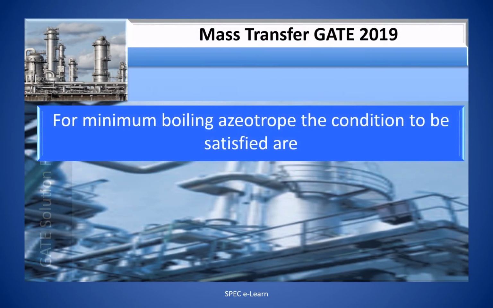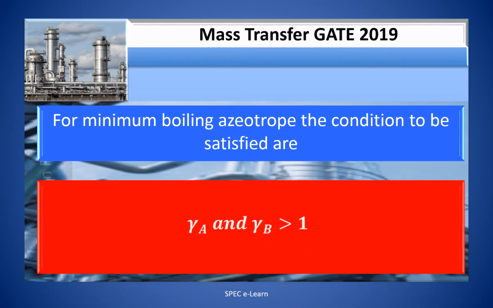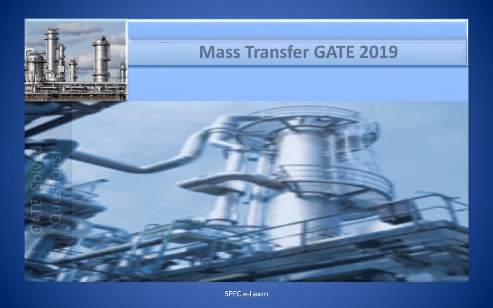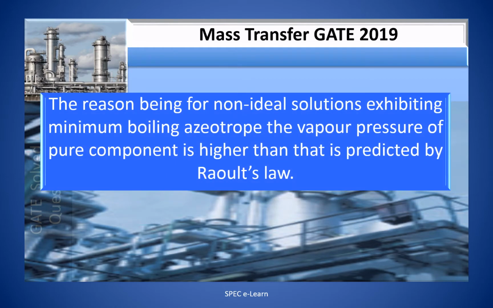For the minimum boiling azeotrope, the conditions to be satisfied are gamma A and gamma B must be greater than 1. The reason being, for non-ideal solutions exhibiting minimum boiling azeotrope, the vapor pressure of pure component is higher than that predicted by the Raoult's law.